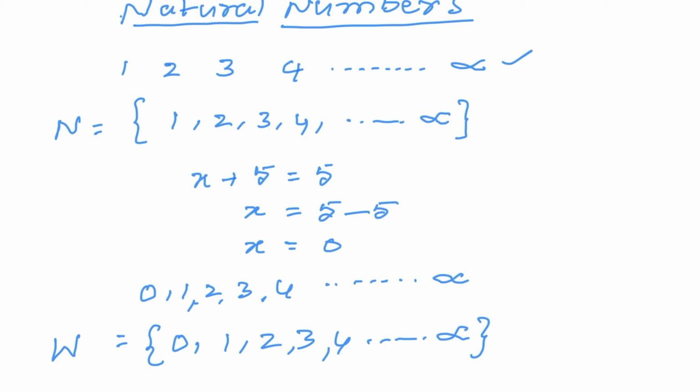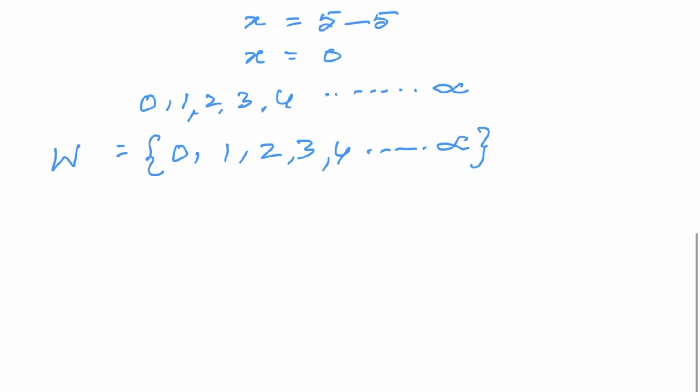Later on, in the course of time, we find the need of some negative numbers, negative integers rather. See, how does the need arise? To solve equations like x + 3 = 1.